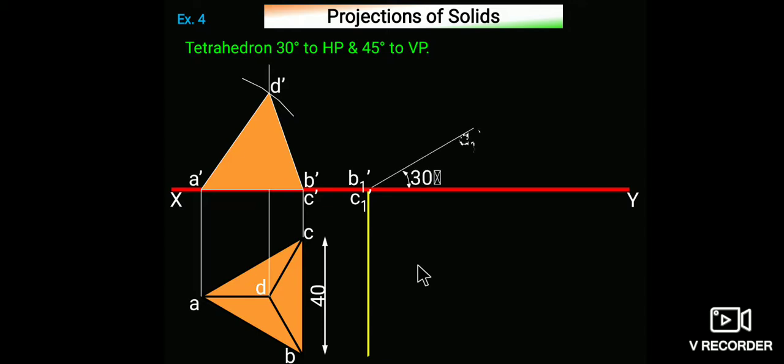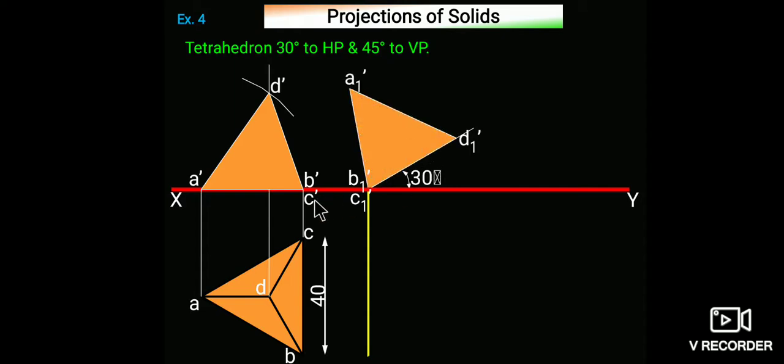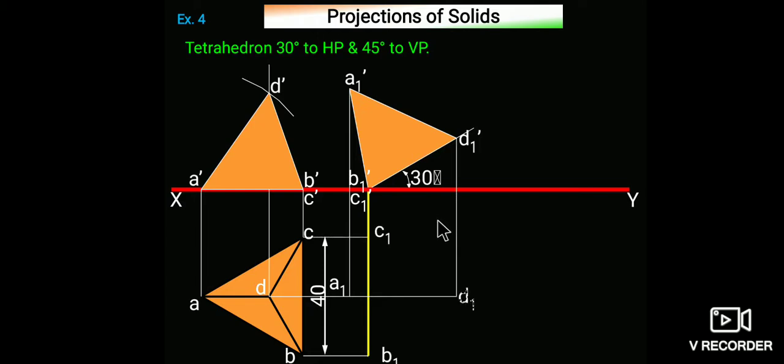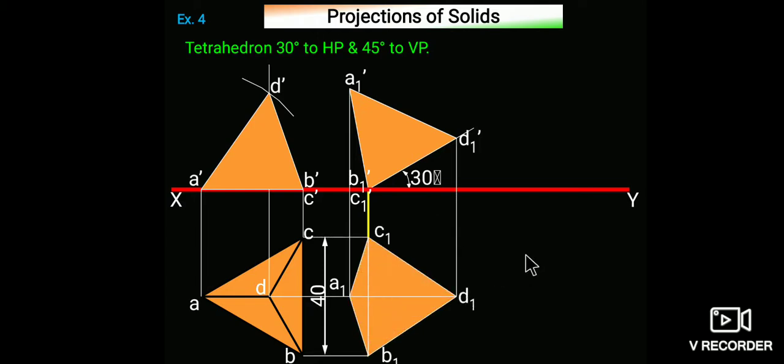Now rotate this in such a way that its axis makes an angle of 30 degrees with the XY line like this. This AD makes an angle of 30 degrees with HP, and project the points like this and draw its top view. It's very simple. Now 45 degrees to VP.